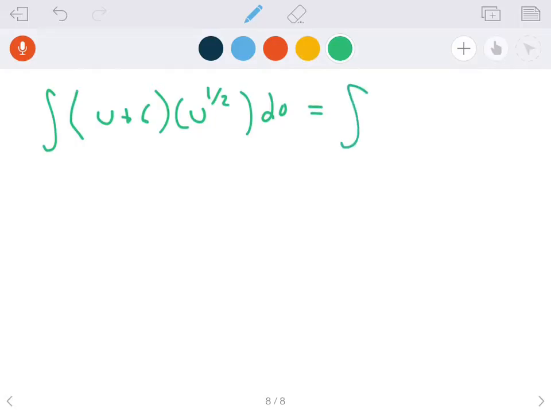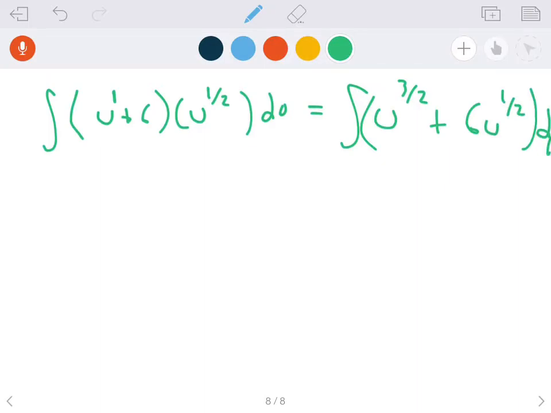Simplify that a little bit. That's the integral of u plus 6 times u to the 1/2. And then going back to my old integration rules, I can distribute this and get something that I can apply the power rule to. So this is the integral of, if that's a 1 right there, 1 plus 1/2, that'll be u to the 3/2, plus 6u to the 1/2 du.